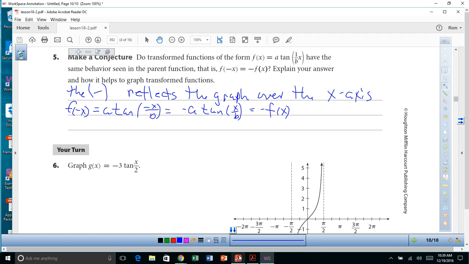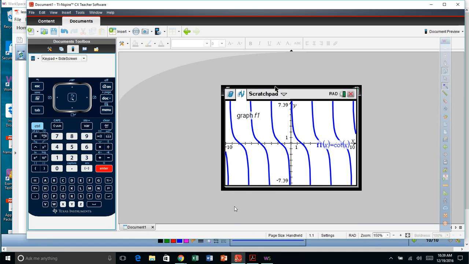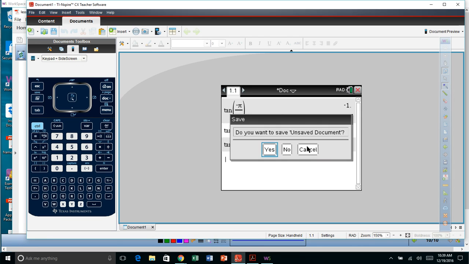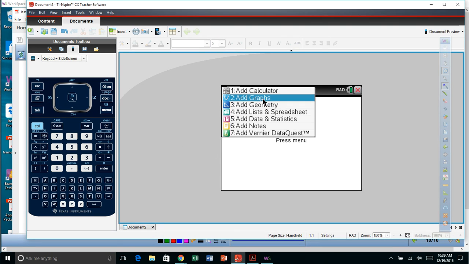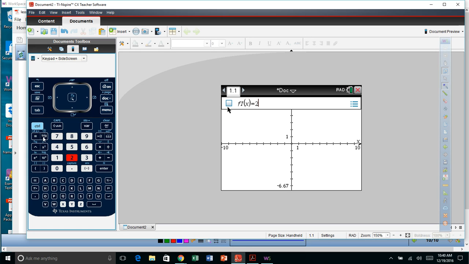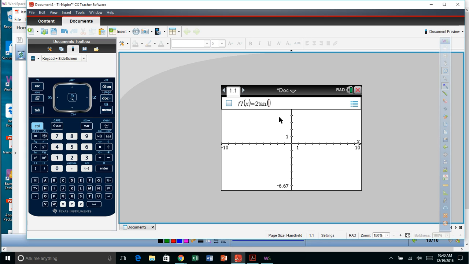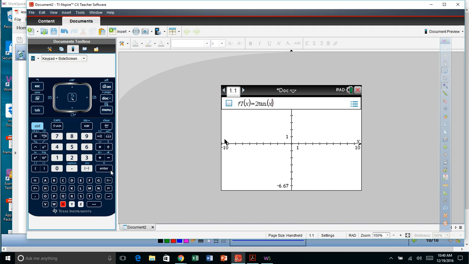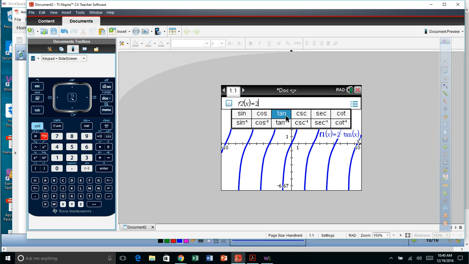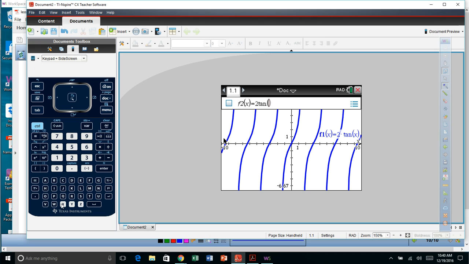Okay, and we could try that. Let's see here. On a new document, graph, and we'll put 2 tangent x. Okay, now let's put in 2 tangent, and we'll put in negative x.